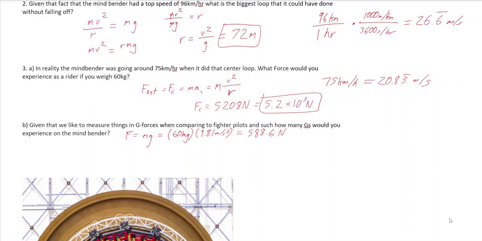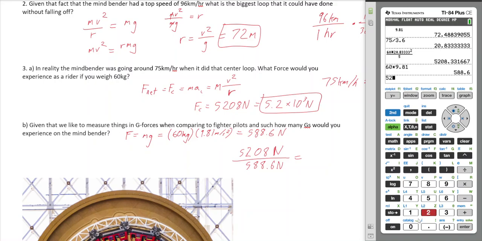Now it is only for a fraction of a second, but it is pretty quick. It is quite a bit. So how many G's are you experiencing? Well, this divided by 1 G tells you how many G's.